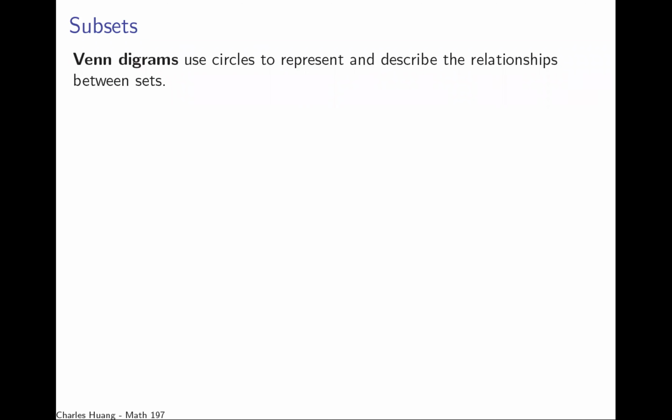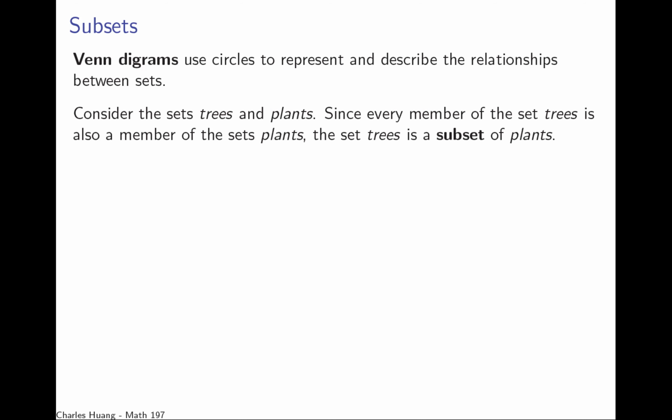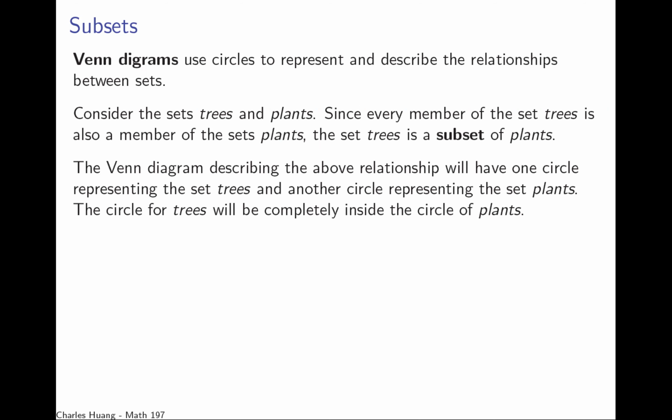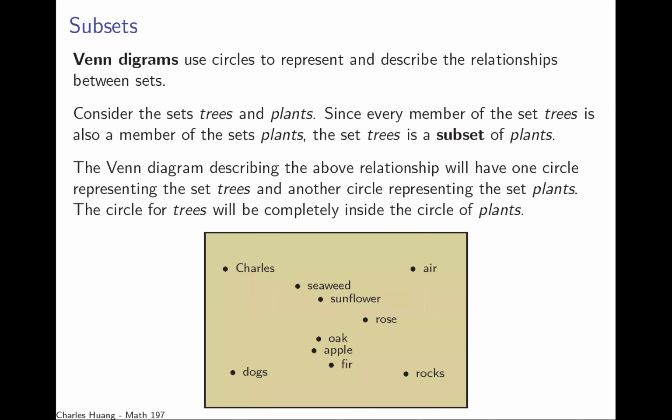The next thing that we will have to talk about is the different types of relationships that we will have between sets. So earlier we talked about trees and plants. What you'll notice is that if I circle all the different plants and call them plants, and I do the same thing with trees and call them trees, all the trees inside the tree circle are also inside the plant circle.